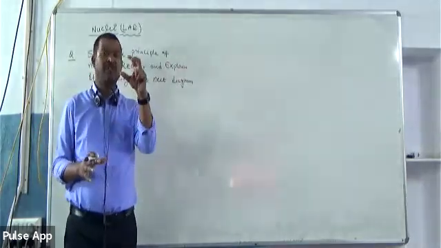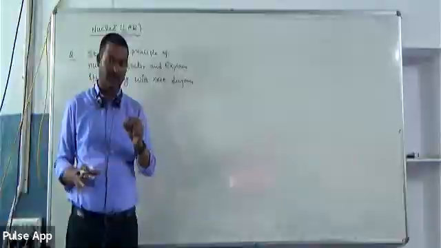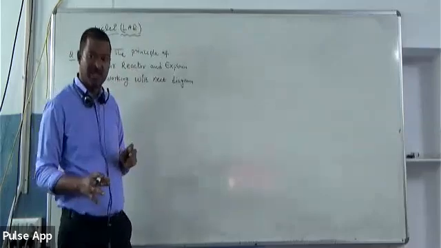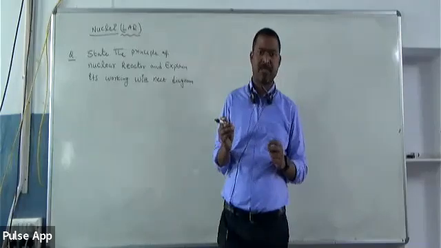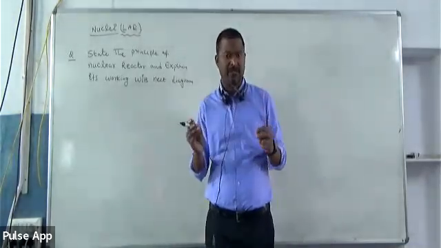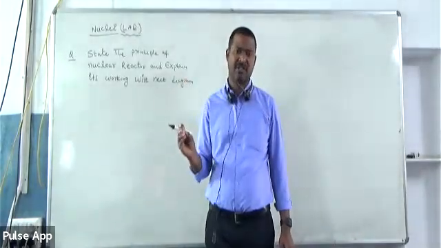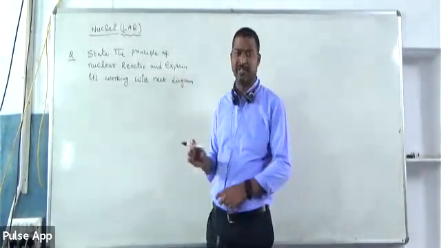That is called a nuclear fission reaction. In each nuclear fission reaction, a certain amount of energy is released. That energy we call nuclear fission energy, or simply nuclear energy.